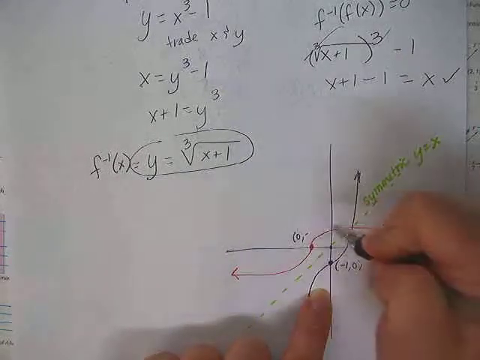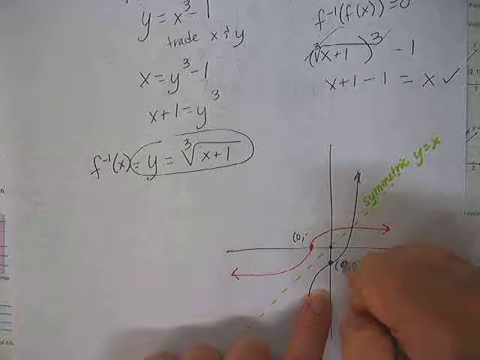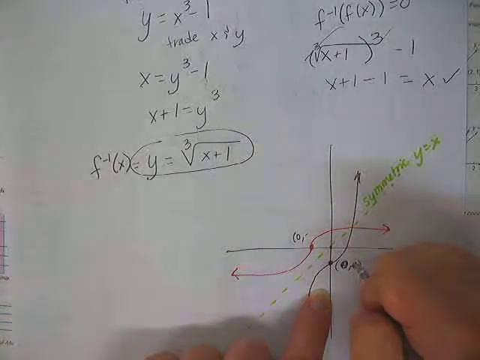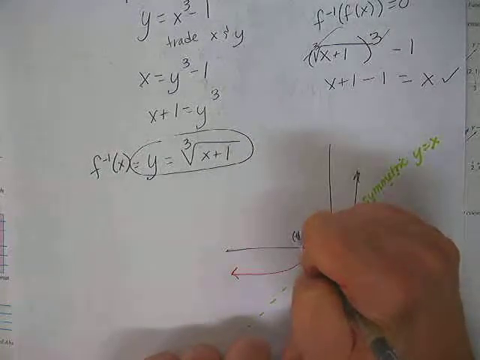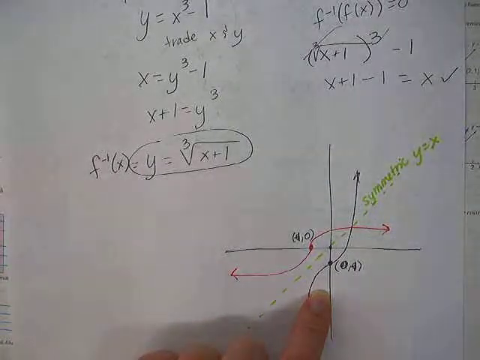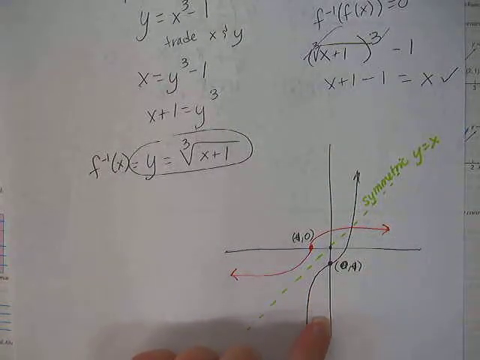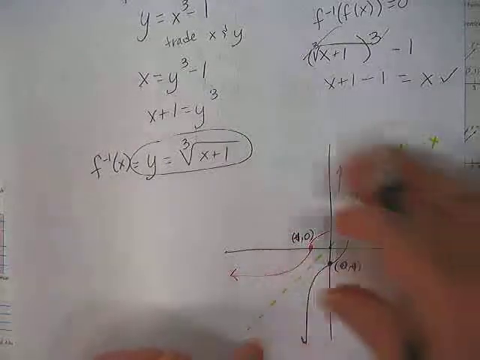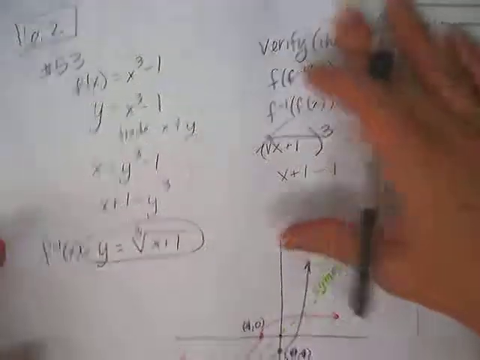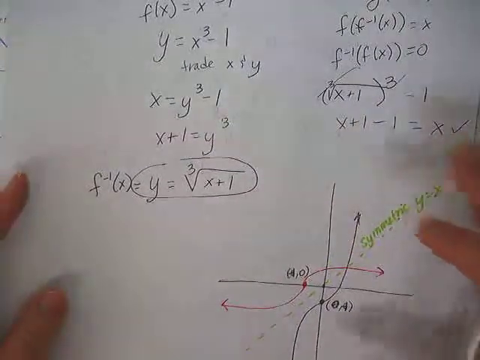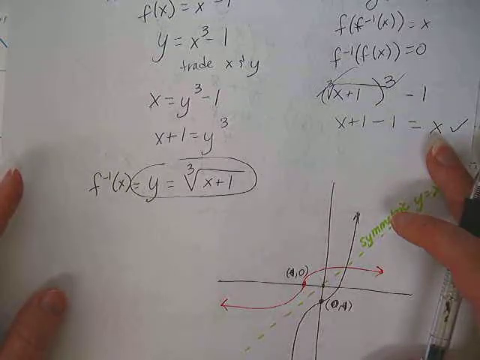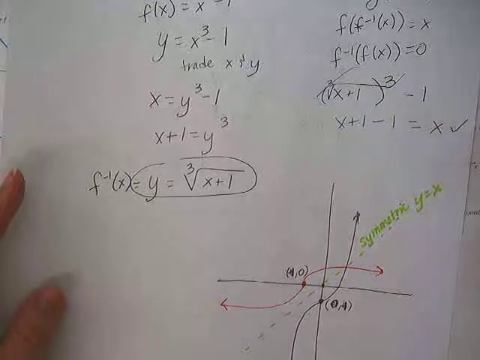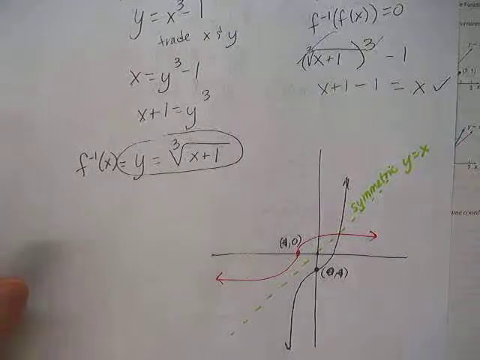In other words, the point at negative 1, 0 should have turned into 0, negative 1. Wait, did I write that backwards? 0, negative 1 should have turned into negative 1, 0. Did the x and y just trade? Yes, they did. Okay, so we have verified this both algebraically and graphically that these two functions are inverses of each other.